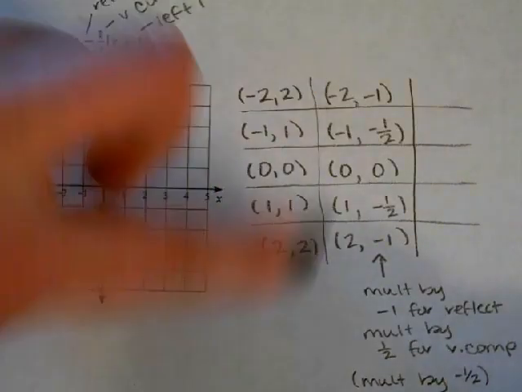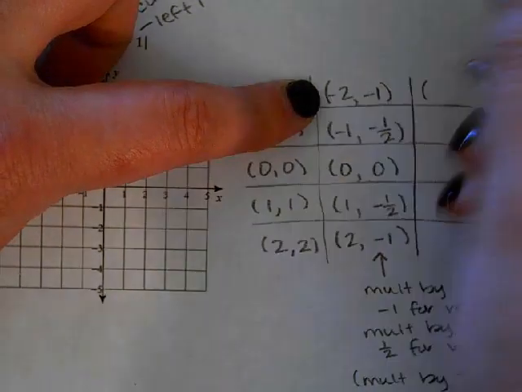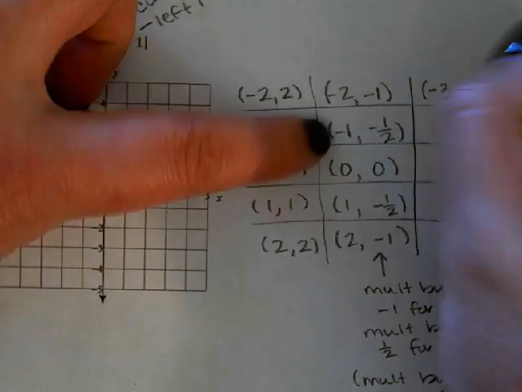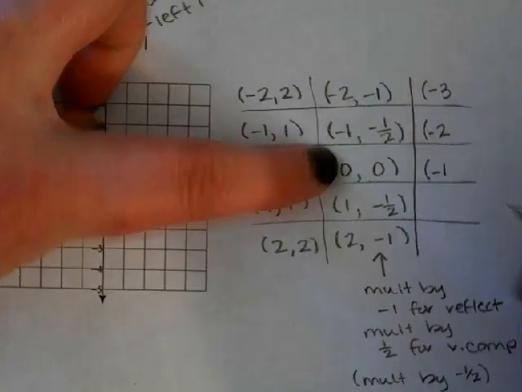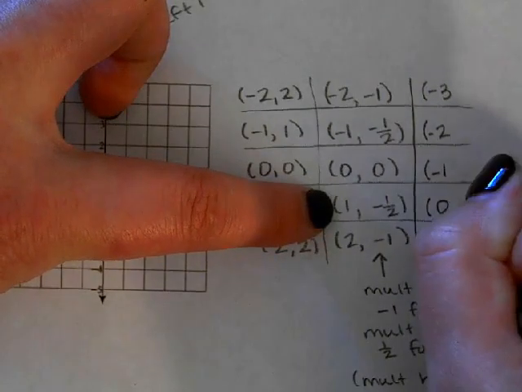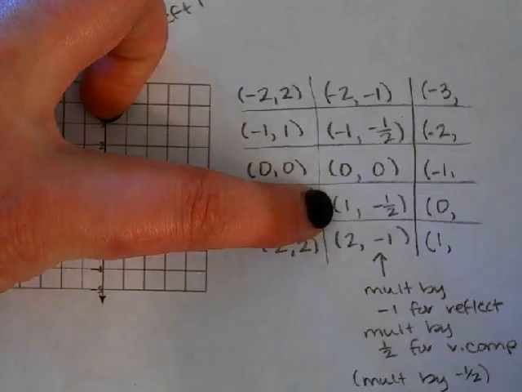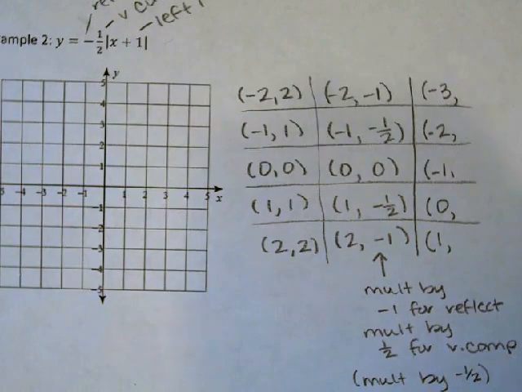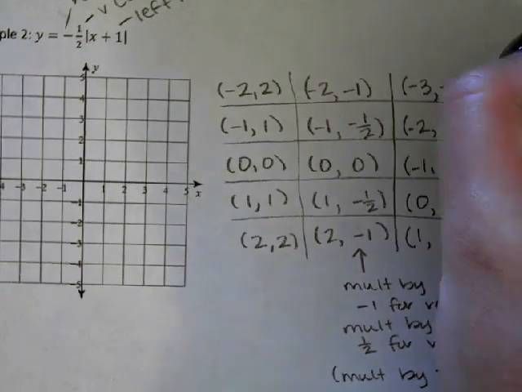So let's take all the x coordinates and subtract 1 from them. -1, -1, -1, -1, -1. And there was no up or down shift, so there's no reason to change the y values. So now we can just copy the y coordinates down.